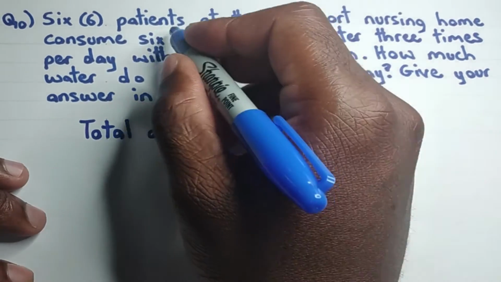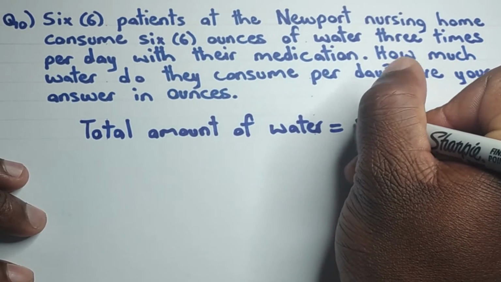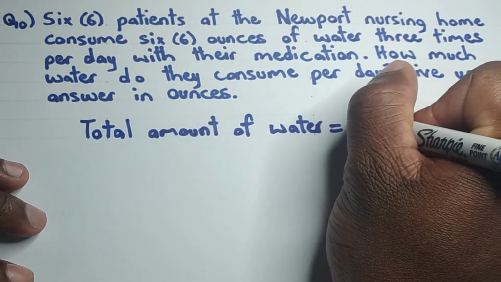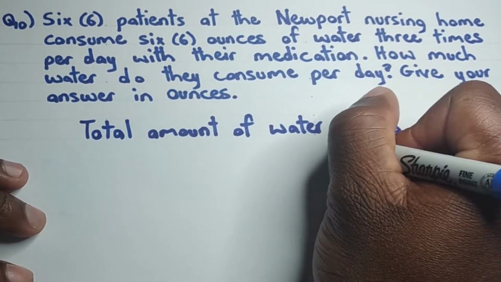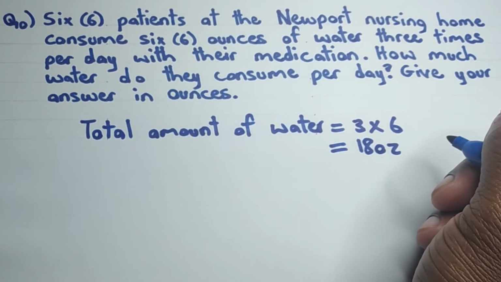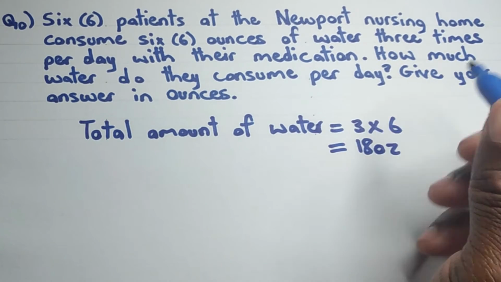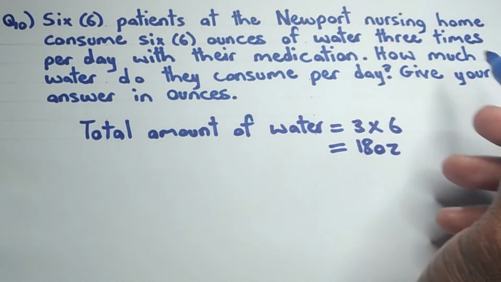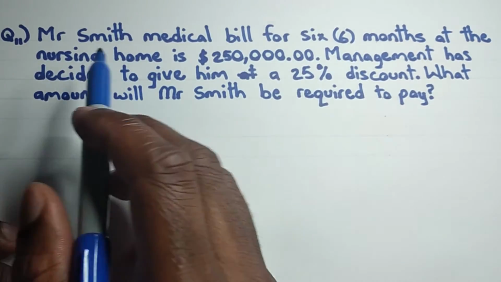Being that they receive the 6 ounces 3 times per day, I can obtain the total amount of water by simply multiplying 3 times 6. This will give me 18 ounces. So the total amount of water that they'll receive per day would have been 18 ounces. So that's pretty much how you treat question 10. Now let's look at question 11.